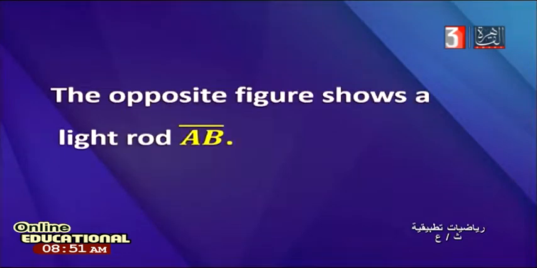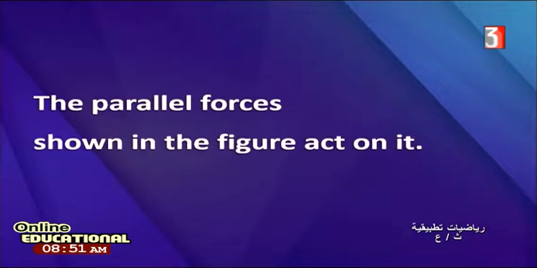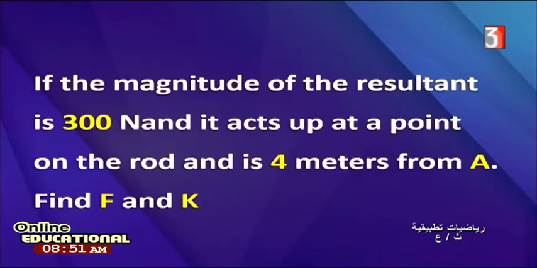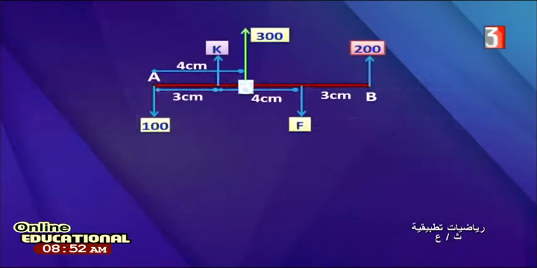Now we translate to another example. The opposite figure shows light rod AB. The parallel forces shown in the figure act on it. If the magnitude of the resultant is 300 Newton and it acts at a point on the rod 4 meters from A, find F and K. Look at the force F, the force K, unknown.